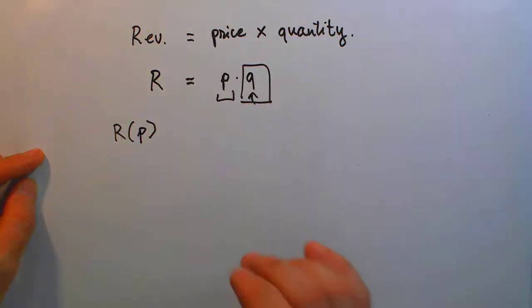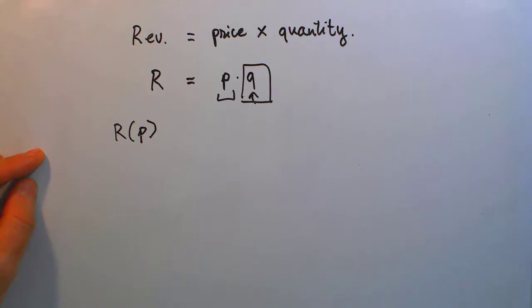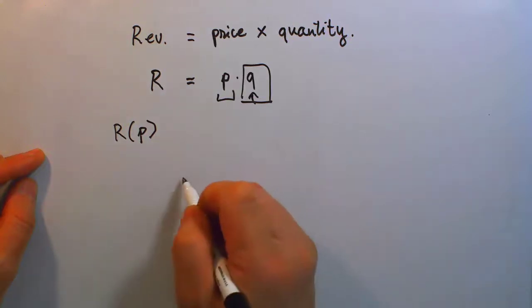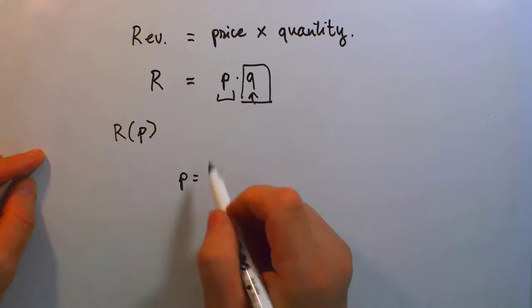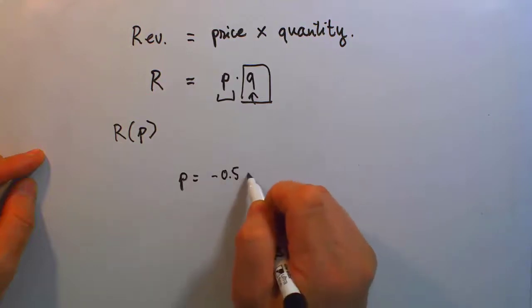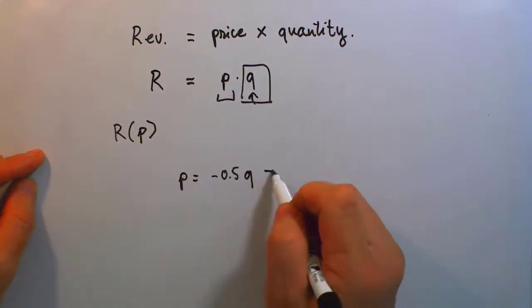Look back into our problem at my yellow highlighted area. We already had a demand equation given as P equals negative 0.5 Q plus 160.